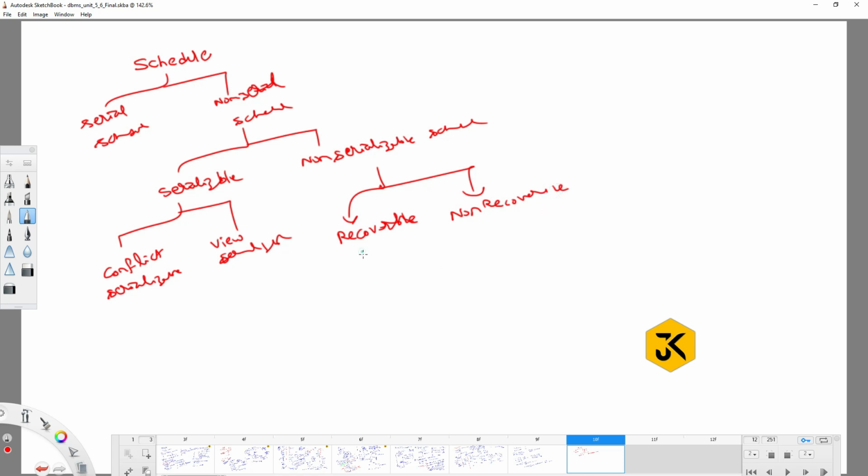Again, these recoverable schedules are classified as cascading schedules, cascadeless schedules, and another way, they are going to call it strict schedules, right?